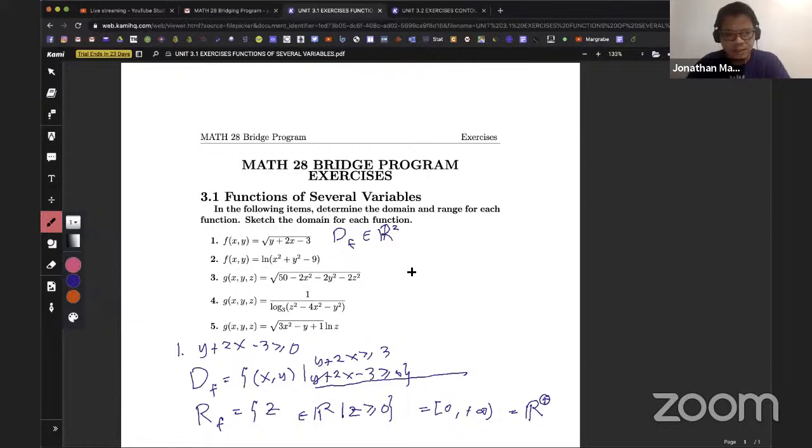For the natural logarithm function, suppose you have the basic function y equals natural logarithm of x.